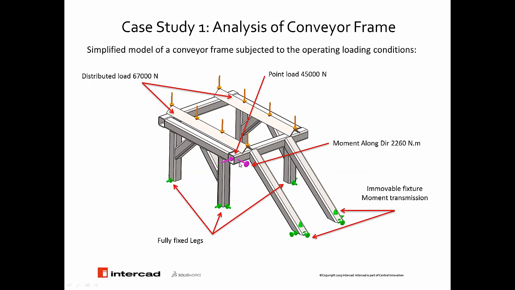There is a corner joint we are going to create, where we are applying a point load of 45,000 Newton and also a moment along direction 1 as a torque of 2260 Newton meter. It has 6 legs. 4 of them are fully fixed and the other 2 are immovable, well, they can transfer the moment to the ground. But the other 4 are fully bolted to the ground and they are not doing anything else.